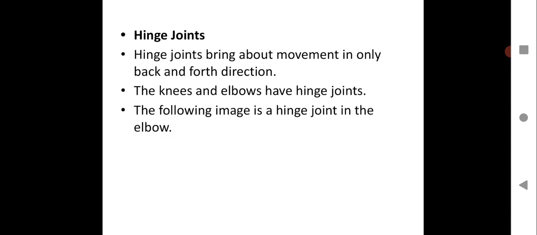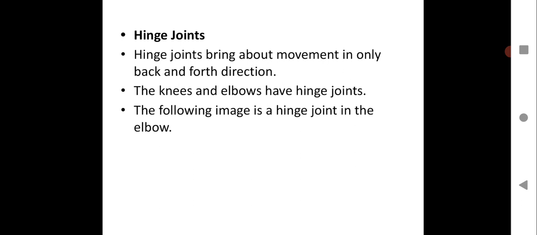Hinge joints, as the name suggests, let us see what their function is and what important role they play. Hinge joints bring about movement in only a back and forth direction. So it will help only to move in the backward and forward direction. The knees and elbows have hinge joints.